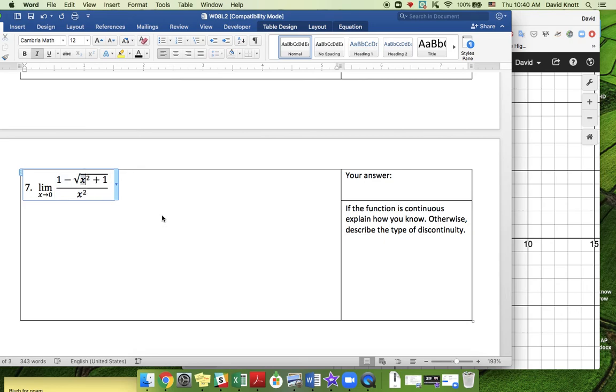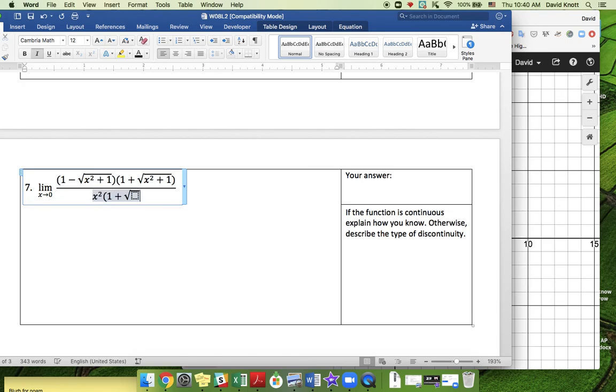I'm going to multiply top and bottom by the conjugate of this expression, which is 1 plus the square root of x squared plus 1.